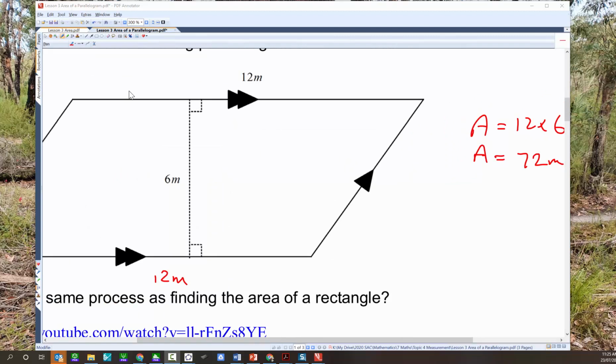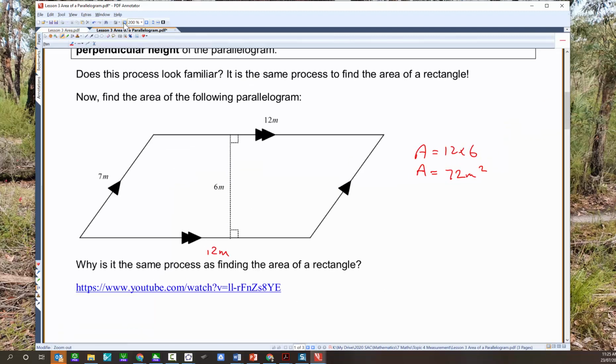Now, how would I do that with this one? Quite simple, really. All I would do is grab that bit there, chop it off, and place it there. Okay, so that would still be 7, but the height would be 6.